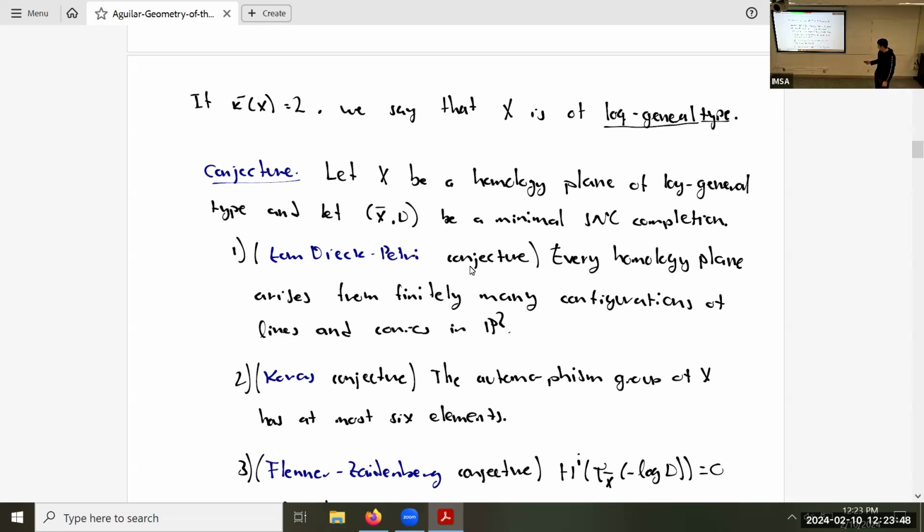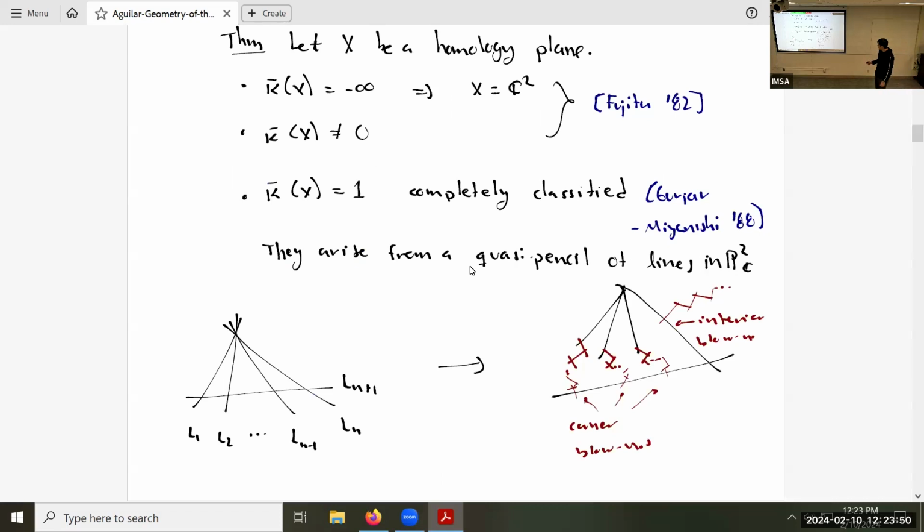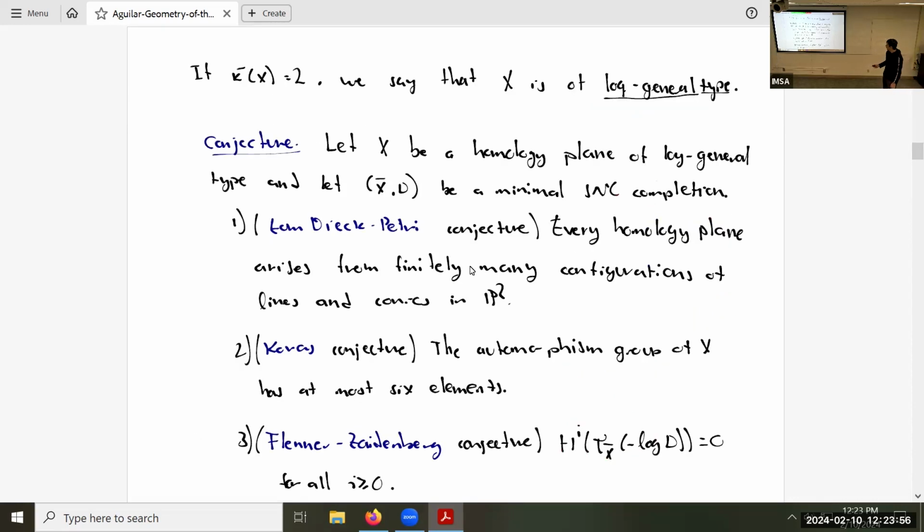So this homology plane that I showed you is a configuration of lines, but we can also have conics. The Costa conjecture tells us that the automorphism group of X has at most 6 elements. So it's of log general type, so it's finite, but you have a bound here.